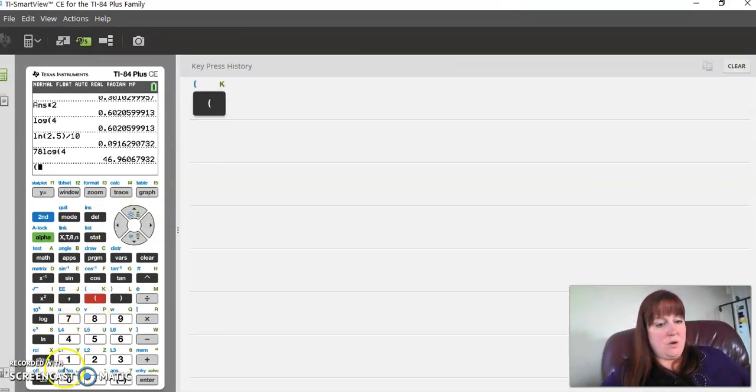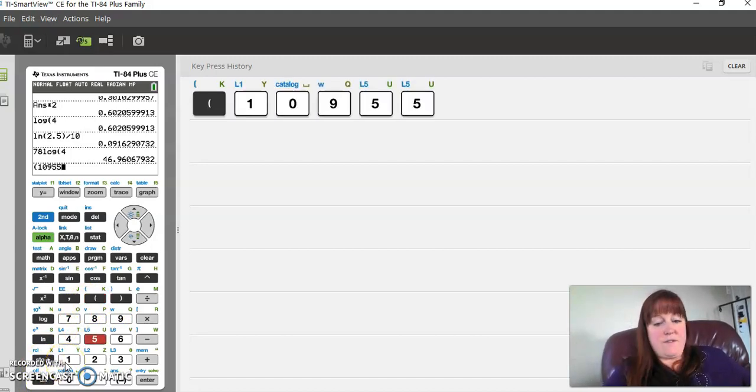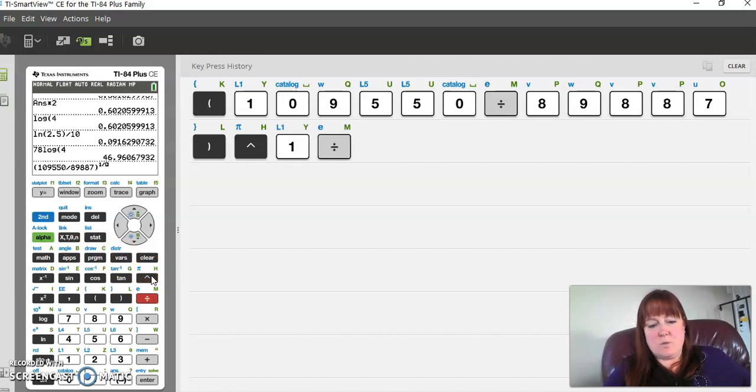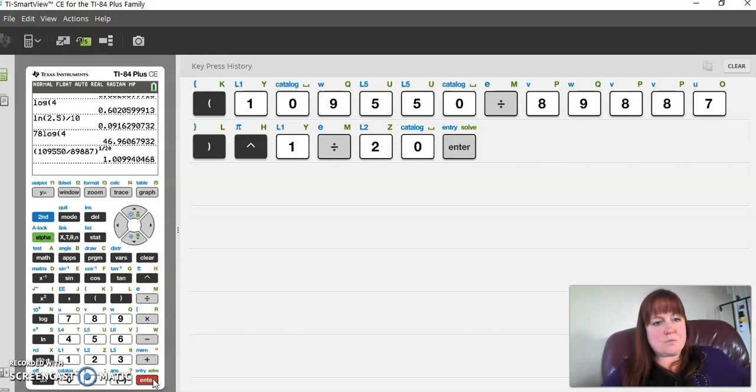I'm going to go 109,550 divided by 89887, and close parentheses. Instead of using the xth root in the math menu to find the 20th root, it's so much easier just to do this: 1 divided by 20, right? You just raise it to this power with the caret to the 1/20th. Enter.